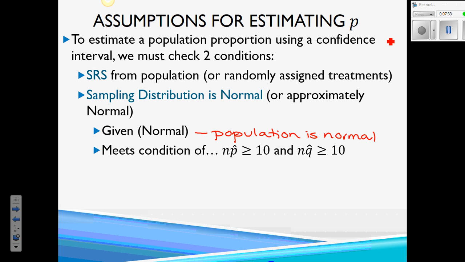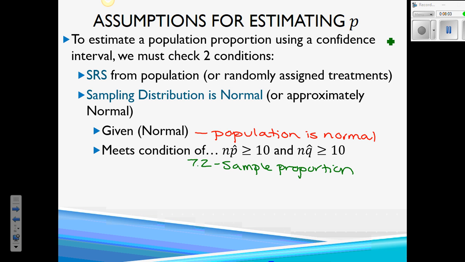Remember, it can also be this. Now, you guys often can use the condition checks between the 1 proportion Z interval and the 1 sample T interval. Here, this is when we're going to check for np hat and nq hat greater than or equal to 10. Remember that this was back from 7.2 for sample proportions. What does it mean to have greater than 10 for each of those?